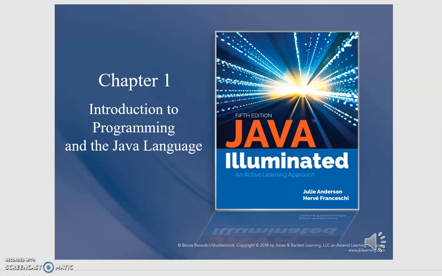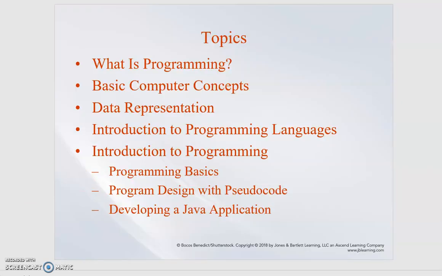Here on the first slide, this is the textbook. Just make sure you have a copy of that. So what are we going to cover in chapter 1? Chapter 1 is to give you an understanding of what programming is and the basics of programming: basic computer concepts, the hardware involved, networks, how data flows, some processes running in a computer, how data is represented in computers, and an introduction to programming languages as a whole, not just Java alone.